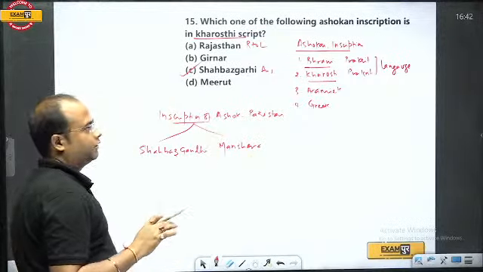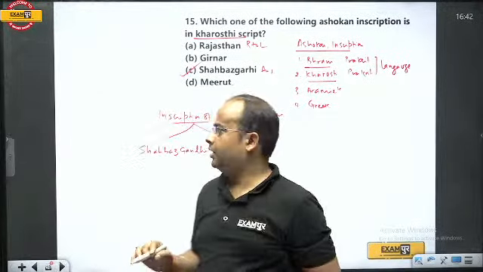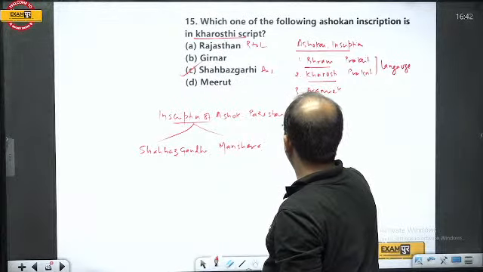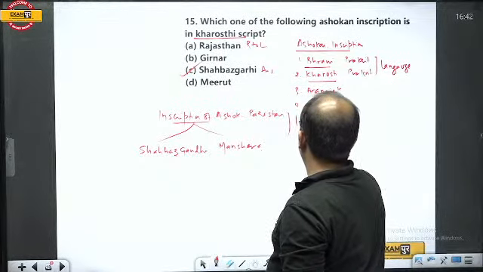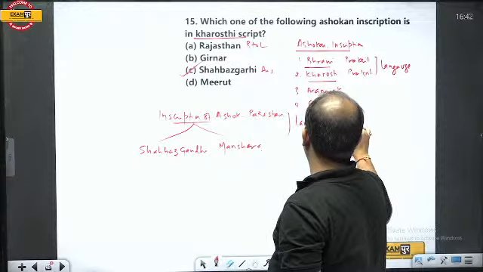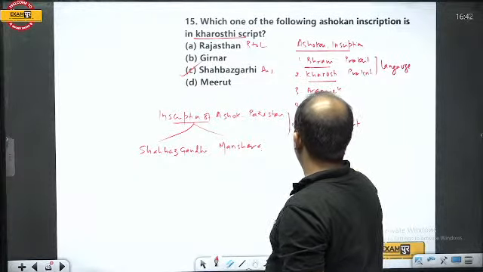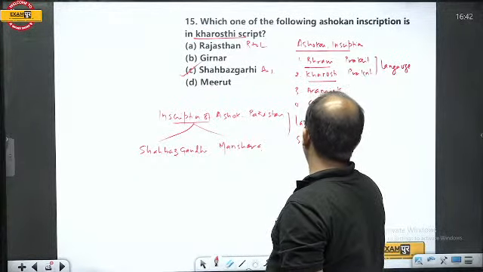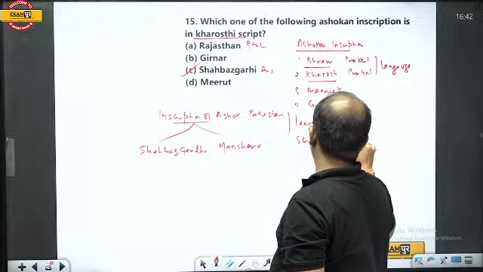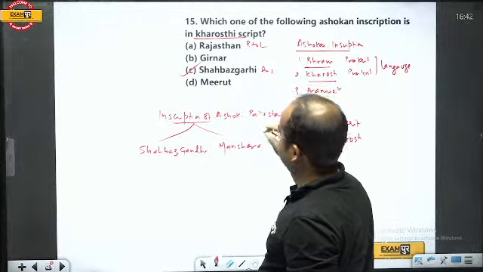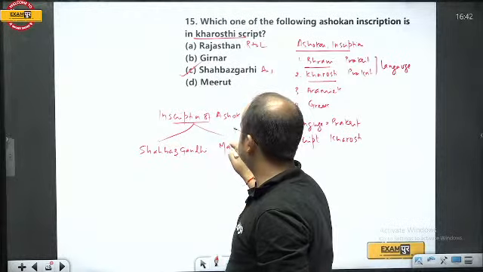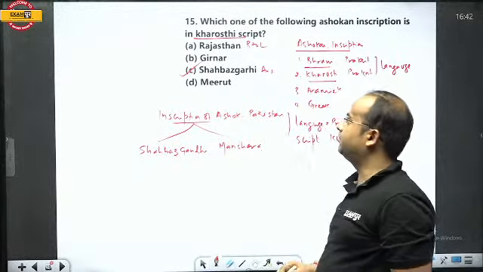Their language is Prakrit and script is Kharoshthi. So that is in Kharoshthi Prakrit, the inscription of Shahbaz Garhi and Manshera.